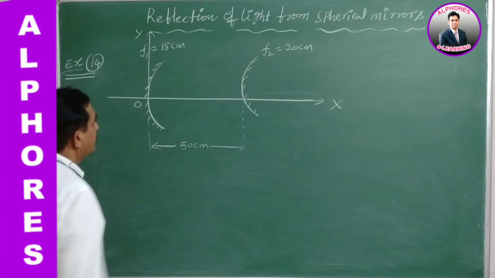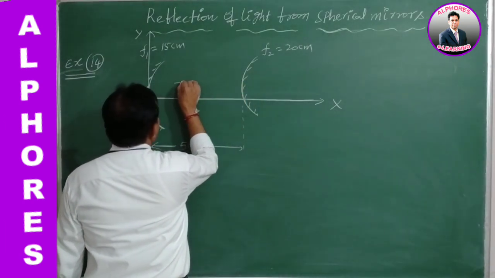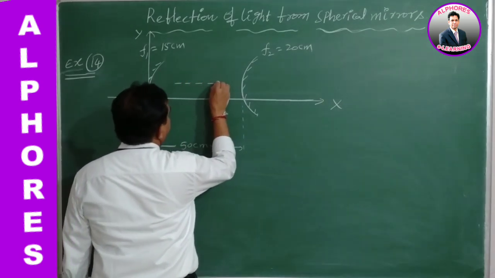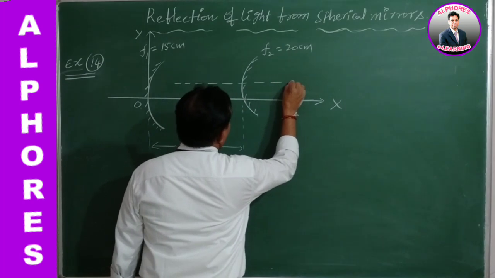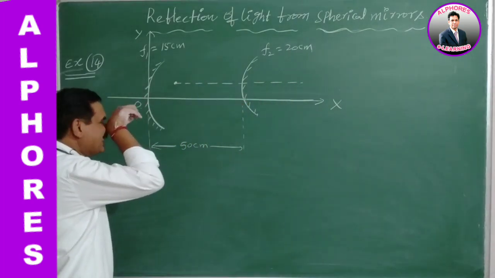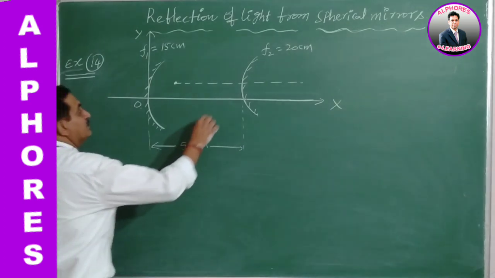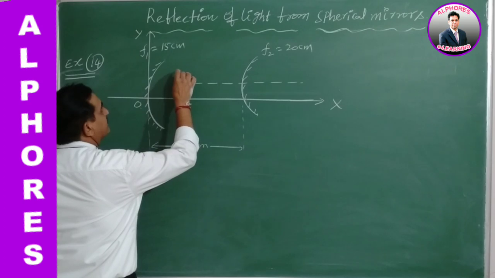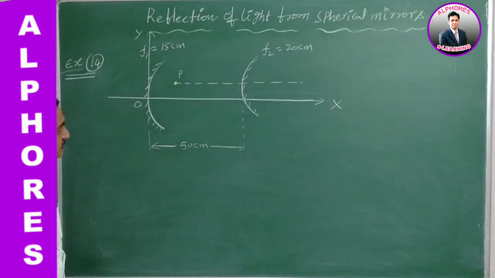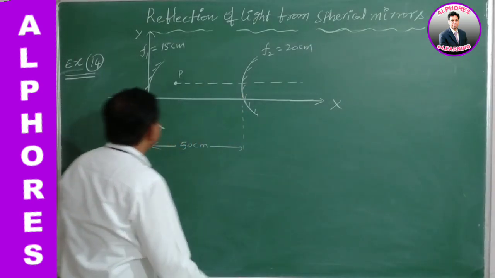Okay. Now the principal axis of the convex mirror is slightly moved upward. This is the principal axis of the second mirror, that is the convex mirror. So here a point P is considered, located on this principal axis of the convex mirror, right?